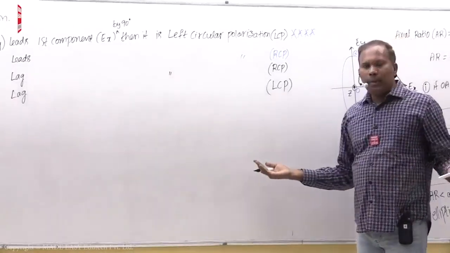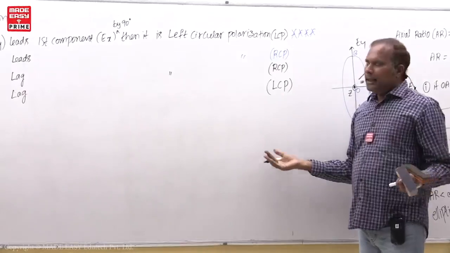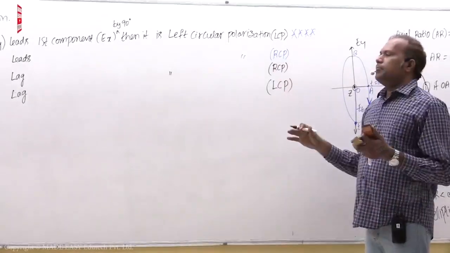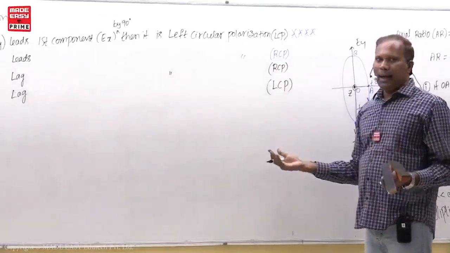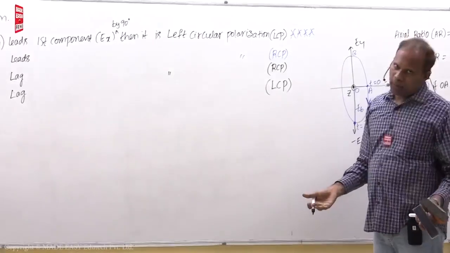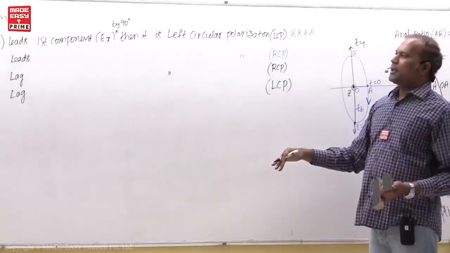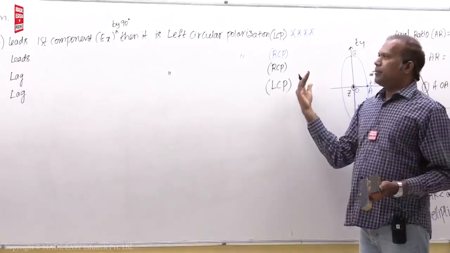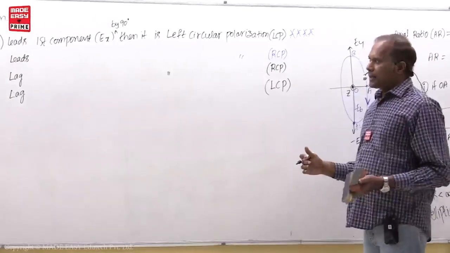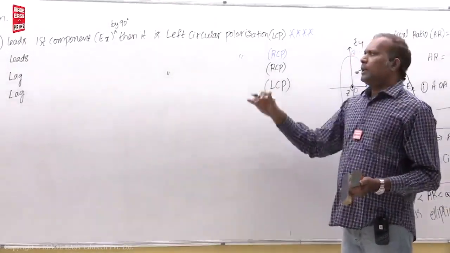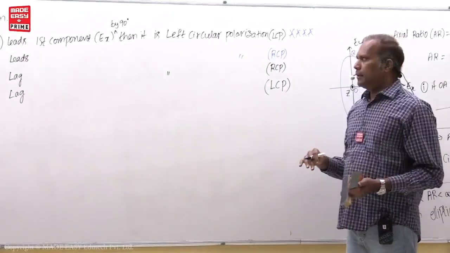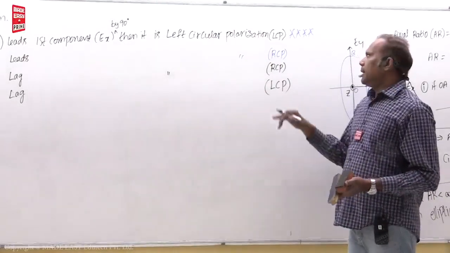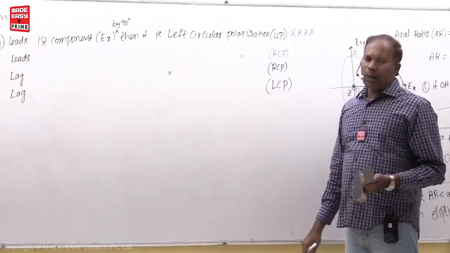Now there is no need to remember anything for elliptical polarization. If it is not circular polarization, automatically it is elliptical polarization. And for elliptical polarization also the same statements come: for a wave traveling in plus z direction, if the second component leads, then it is left elliptical polarization.